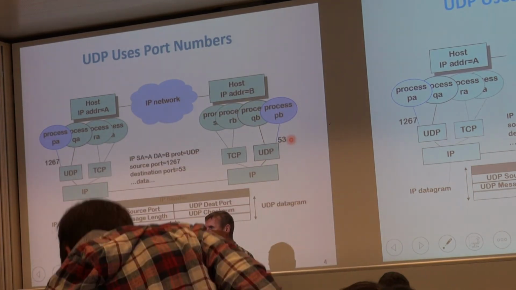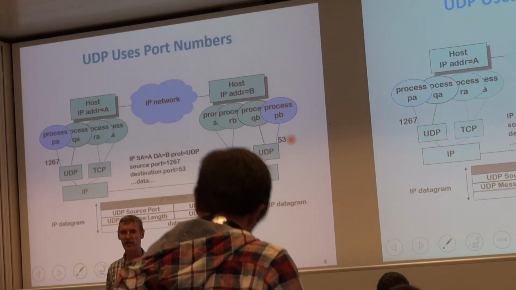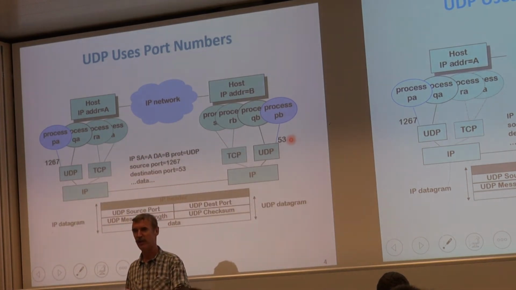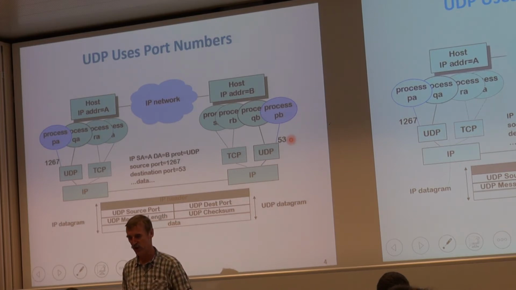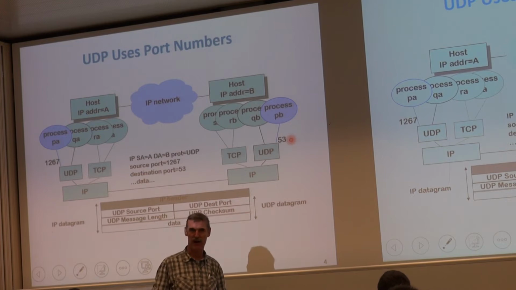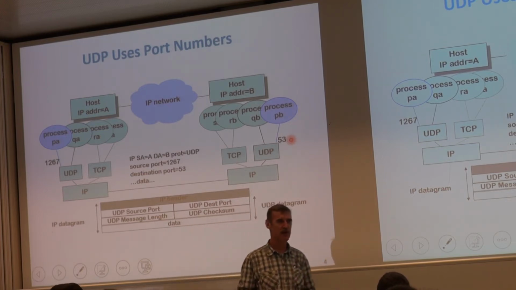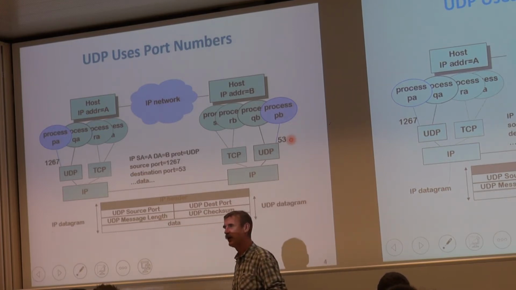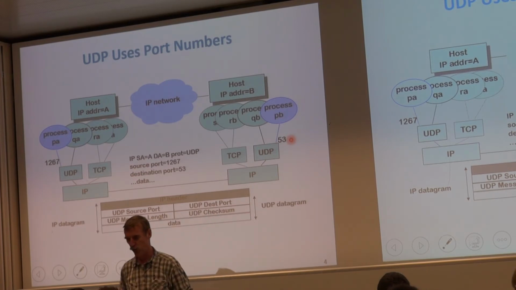Now on this machine there are other things. You might do Skype on this machine, although it's probably bad taste to do Skype on a DNS server, but it's not physically impossible. And you might have other services that are running, network time, and all possible things that have been invented.